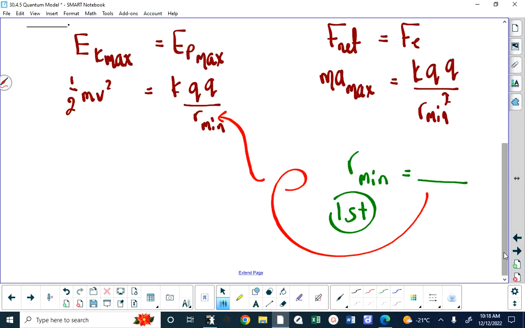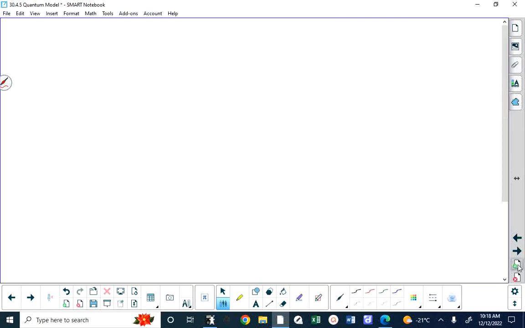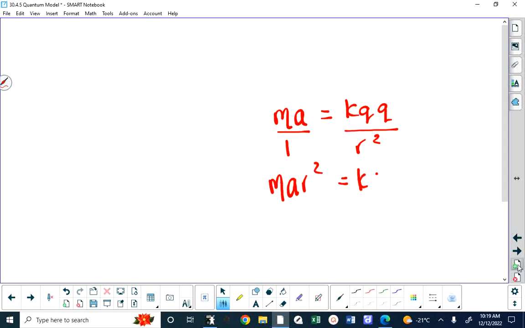When I look at this, I'm going to have to take kqq over ma and then take the square root. Just briefly, if ma equals kqq over r squared, then when I cross multiply, I get mar squared equals kqq, which means r squared equals kqq over ma. So I need to do kqq over ma and take the square root.